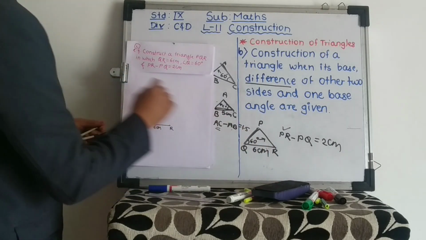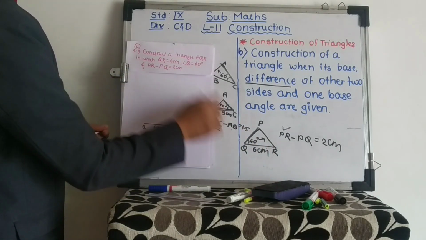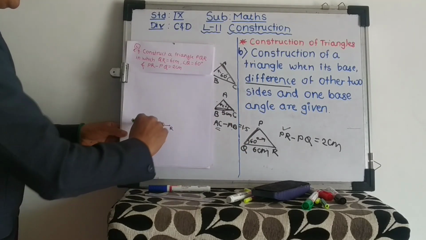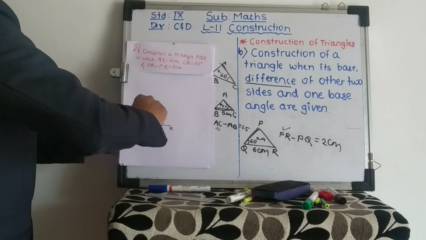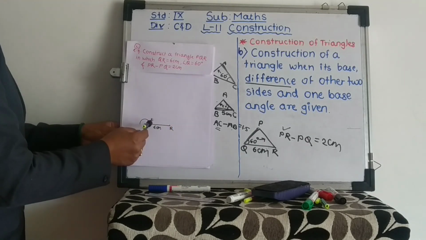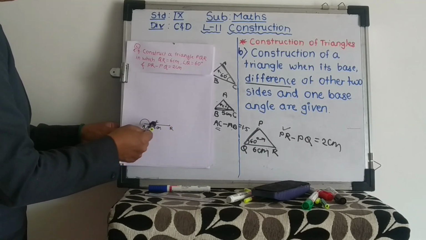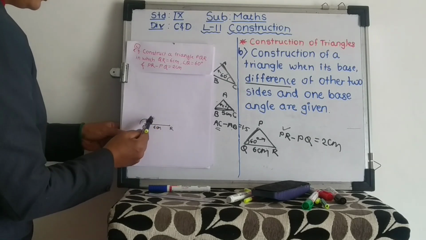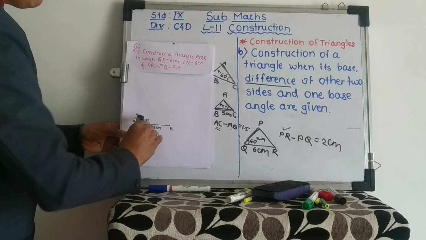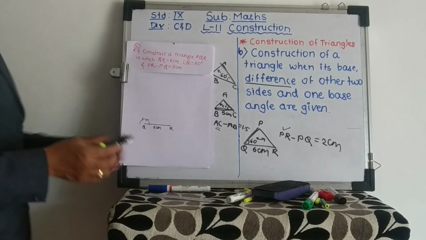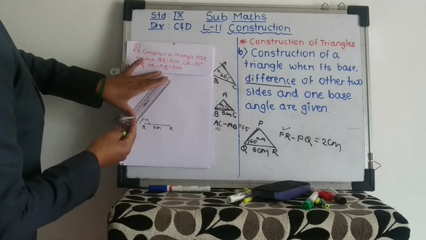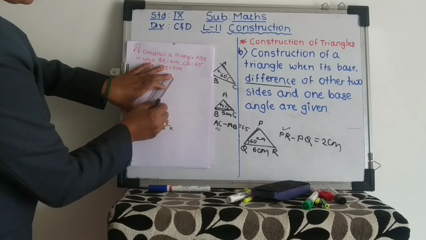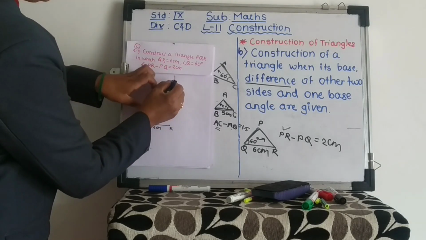After QR, angle Q is 60 degree. So we will put our compass point on Q and draw a semicircle. From that we make 3 parts of the semicircle, or even one part is okay, because we want only the 60 degree part.